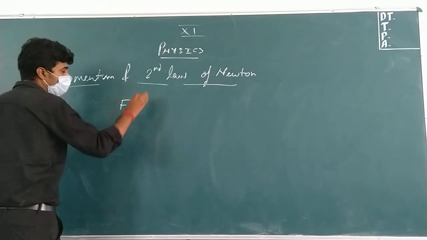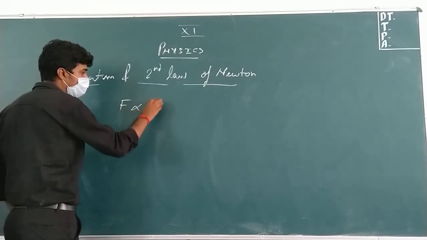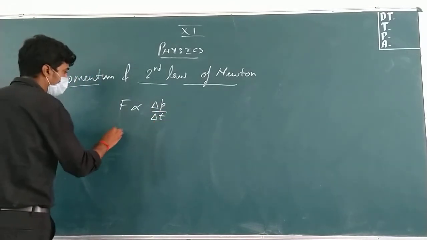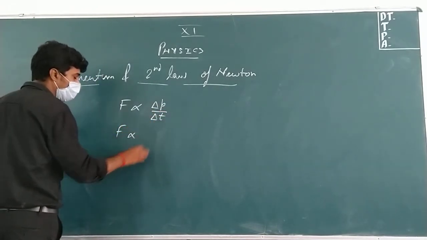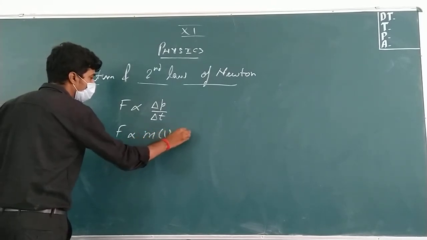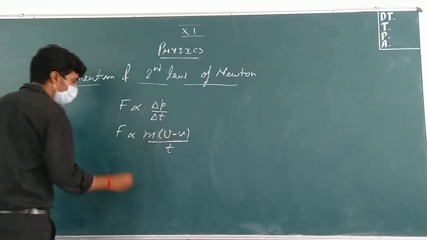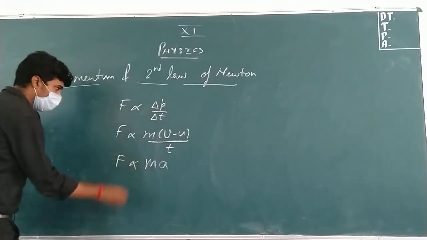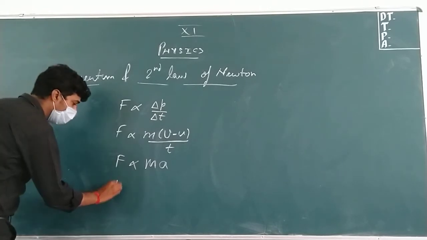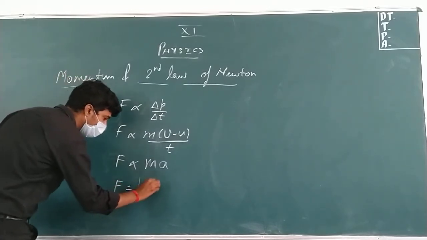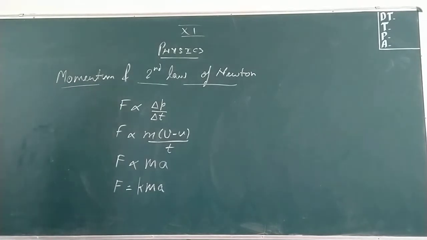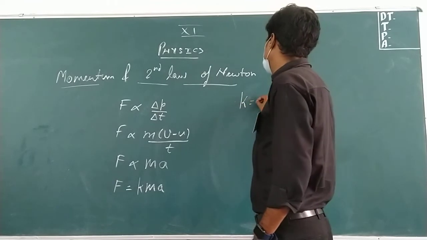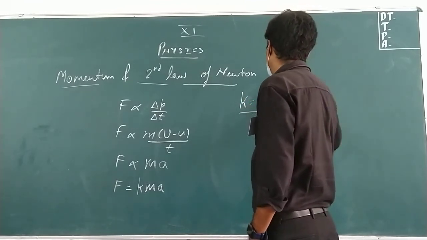Force is proportional to rate of change of momentum, delta P upon delta T, and F is proportional to m into (V minus U) divided by t. So F was proportional to m into a. When the proportionality sign was removed, a constant K was introduced: F equals K m a. Yes or no? Yes, sir. K was the proportionality constant and its value was 1 practically.